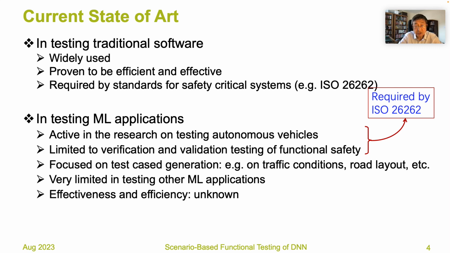However, such application of scenario-based testing to machine learning applications has been limited to the generation of test scenarios, for example, on different traffic conditions, road layouts, etc. And it is also limited to the so-called validation and verification testing of functional safety. It is not widely used for testing other machine learning applications, and its effectiveness and efficiency is unknown.